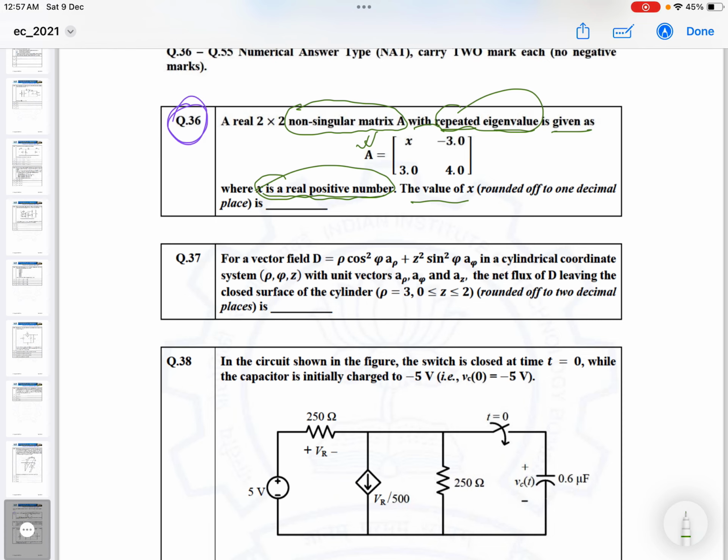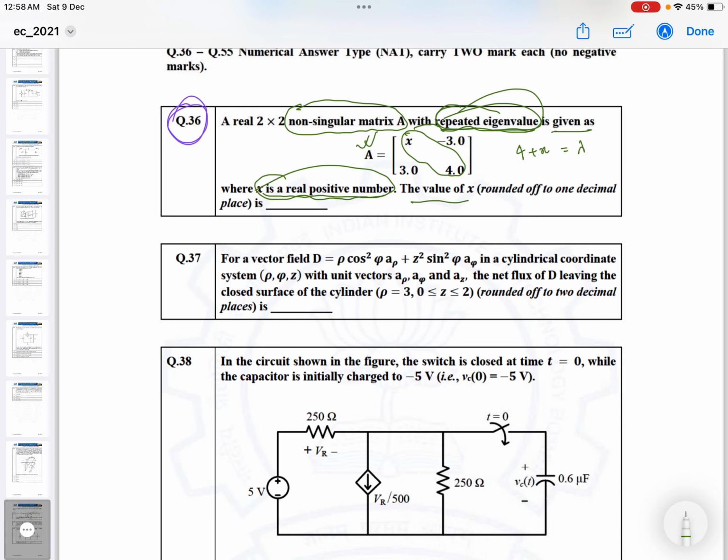So what we can say about the trace: we will have the trace 4 plus x, the sum of the diagonal, that will be equal to, let's assume, lambda, and it is a repeated eigenvalue, so both eigenvalues will be lambda.